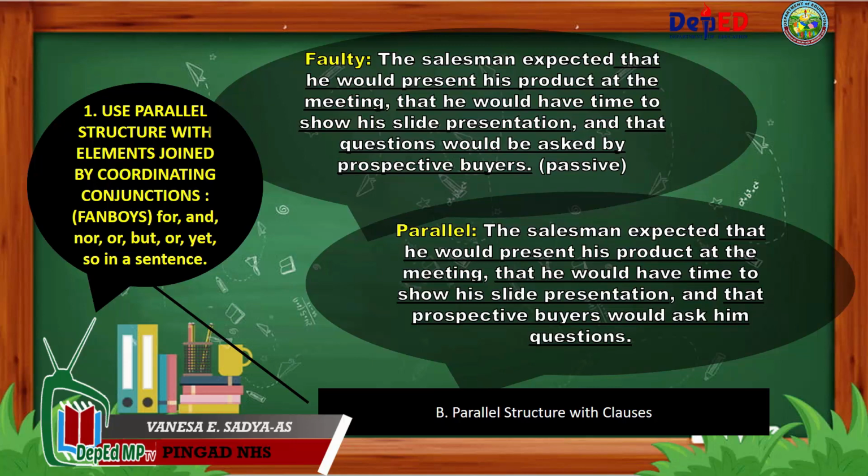If you are going to compare our parallel statement with our faulty statement, what is the difference? In the parallel statement, all the clauses here are in a form of active voice. However, in the faulty one, 2 clauses are in a form of active voice, while the other one is in a form of passive voice, thus making it faulty statement.